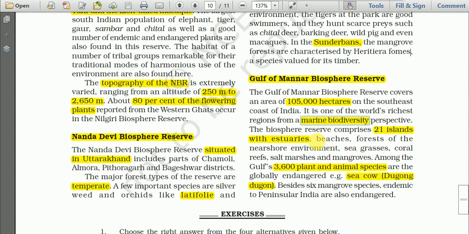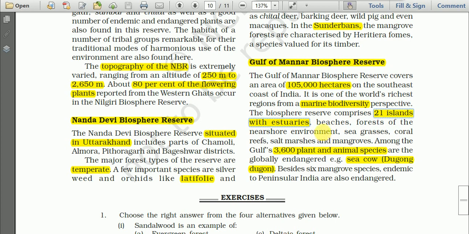So this is a marine biosphere reserve. The biosphere reserve comprises 21 islands with estuaries, that is the mouth of the rivers where the fresh water meets with the saline water, and beaches, forests of the nearshore environment, sea grasses, coral reefs, salt marshes, and mangroves. You have seen some of it in the photographs also.